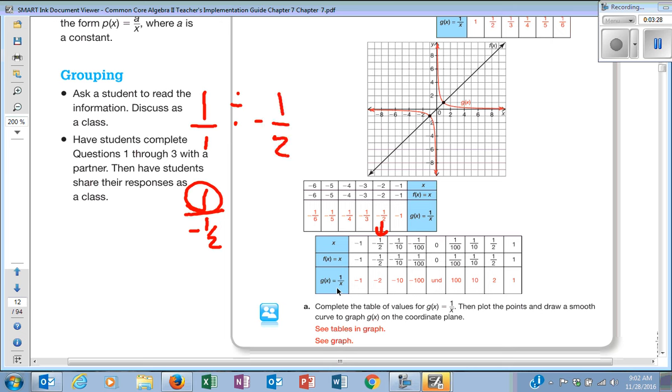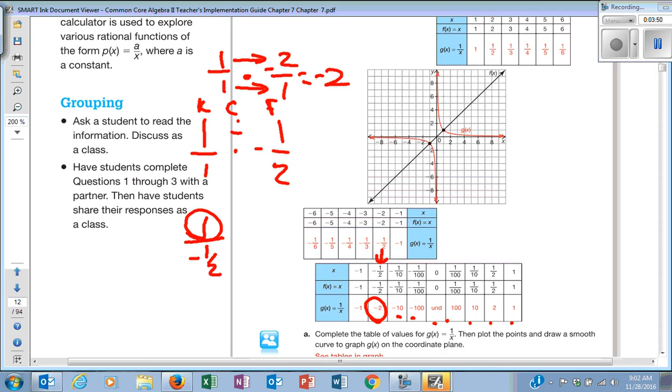Well, we don't like to divide by fractions. We keep, change, and flip, so it becomes 1 over 1 times -2 over 1. When you multiply top times top, bottom times bottom, you end up with a -2. That's how they ended up with the -2 here. And so forth with all of these other numbers.